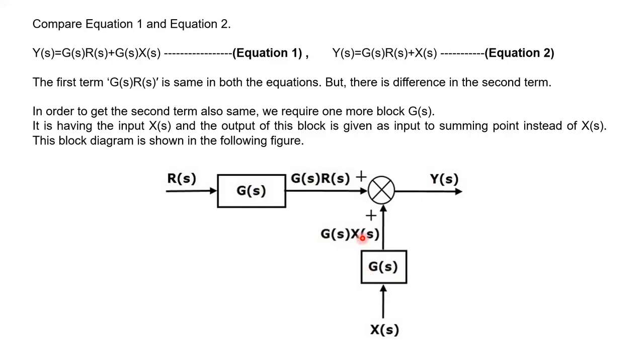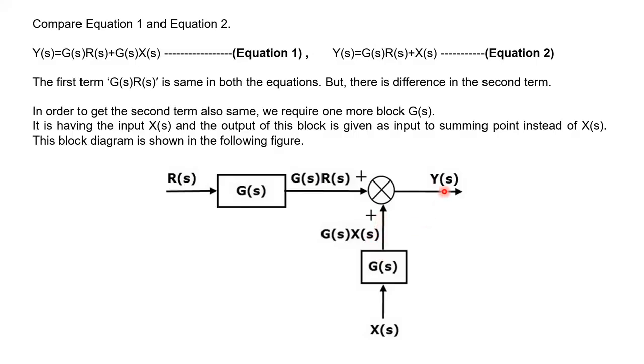Now if you add a G of S block between them, your output of this G of S block will become X of S multiplied by G of S, as all of you know that the output of a block is gain multiplied by input. So your gain is G of S multiplied by X of S. Okay, so you get the output as per our requirement.